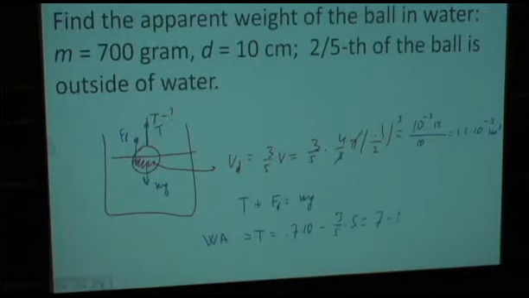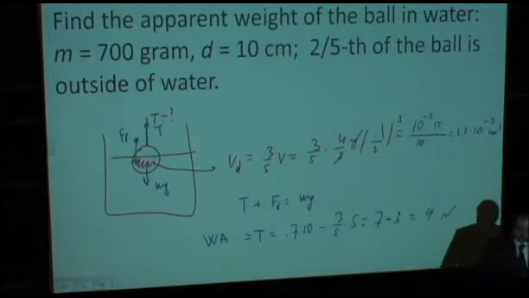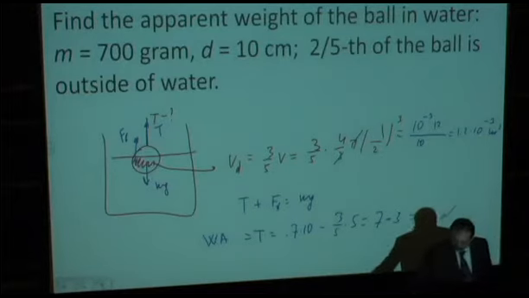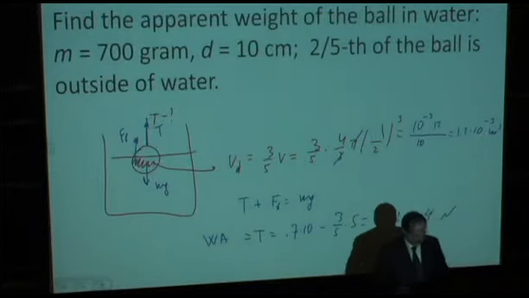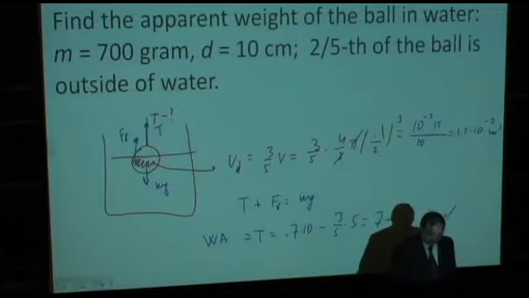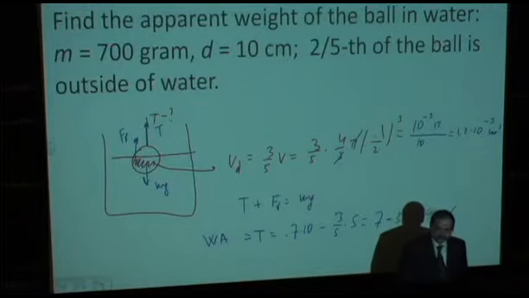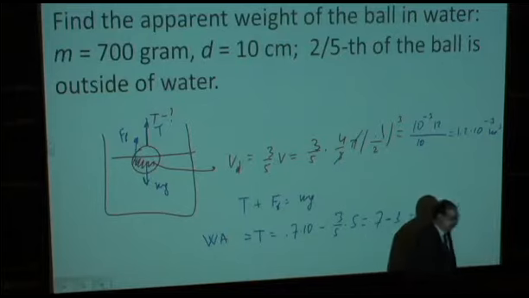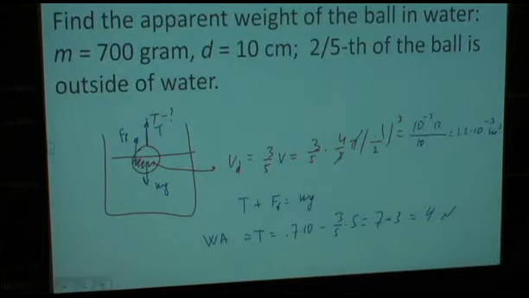So 7 minus 3, 4 newtons. Apparent weight is a force, so we have to use newtons. And of course, when it's completely submerged, we saw one reading, but if it's partially submerged, it's going to be a different reading. The buoyant force is not as strong anymore, so the apparent weight will be closer to the actual weight.